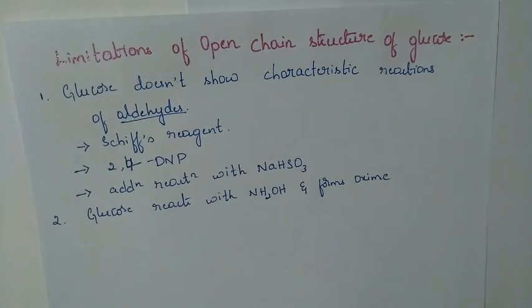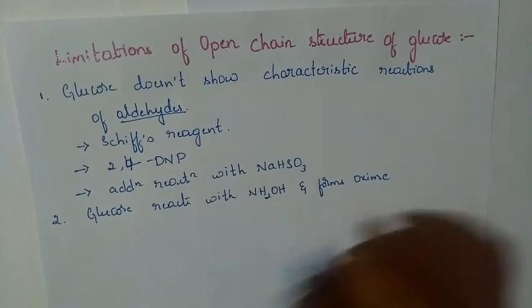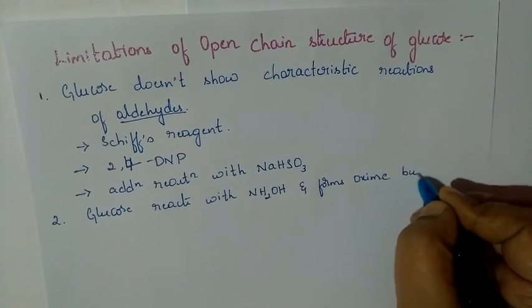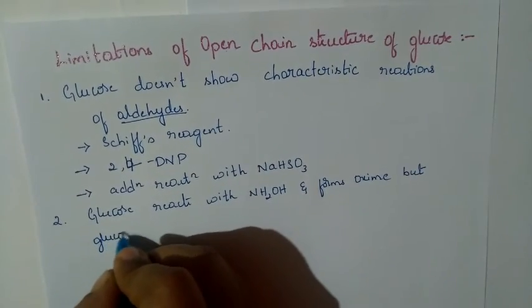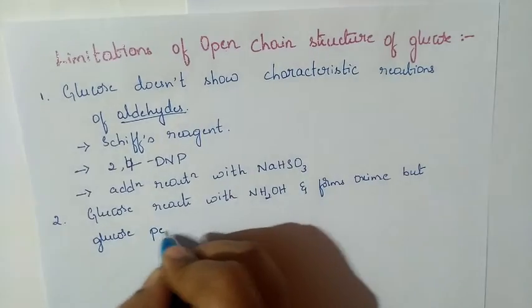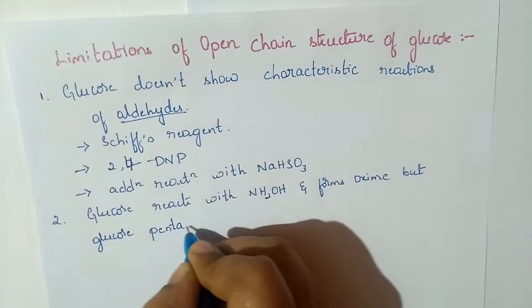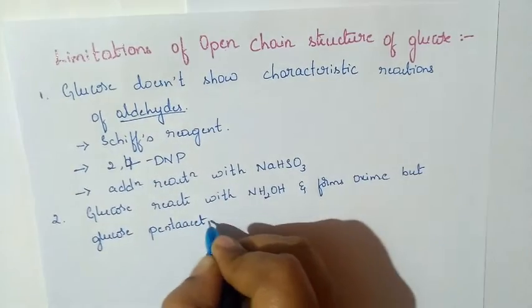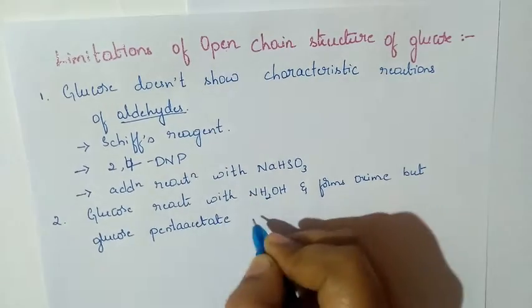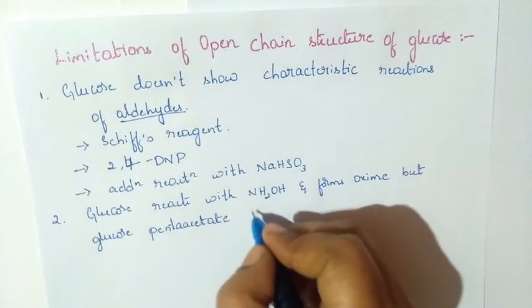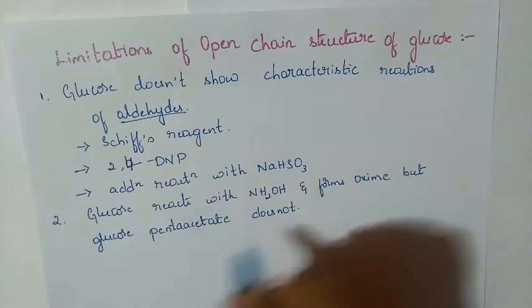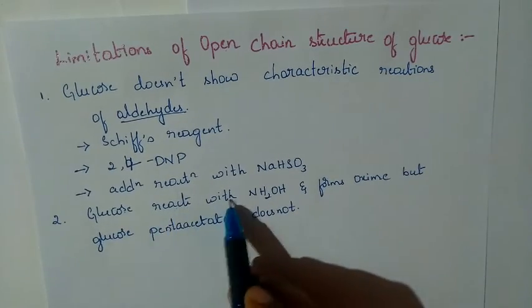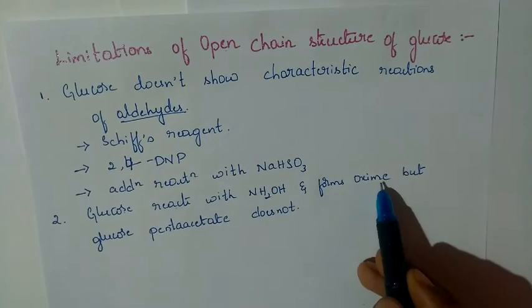It forms the oxime, but glucose pentaacetate does not form it. So glucose reacts with hydroxylamine to form oxime.